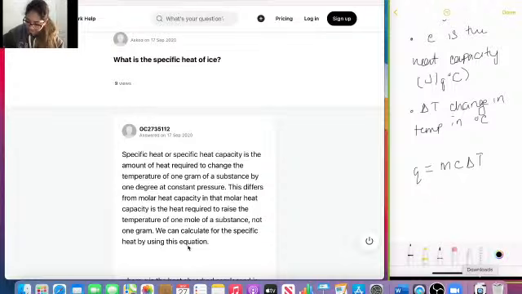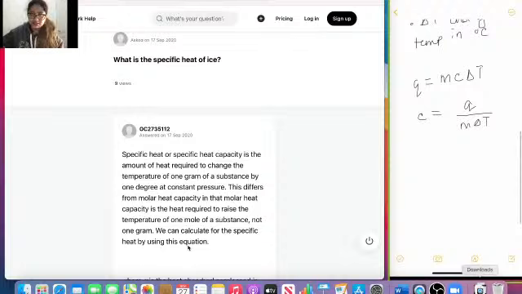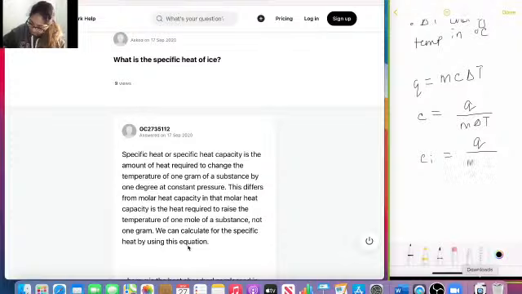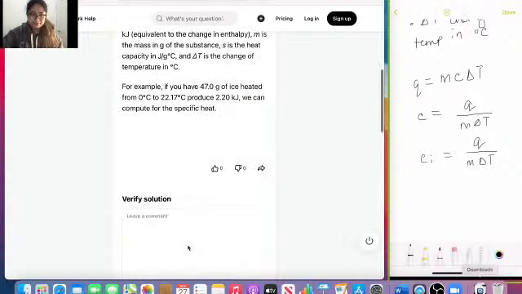And then you just rearrange this equation and you get C is equal to Q over m delta T, okay? And so you can find the specific heat of ice by doing so. I'm just denoting I as ice, so these values Q, m, delta T would be given to you, and then you can find your specific heat of ice. Okay? Yes, so this is correct.